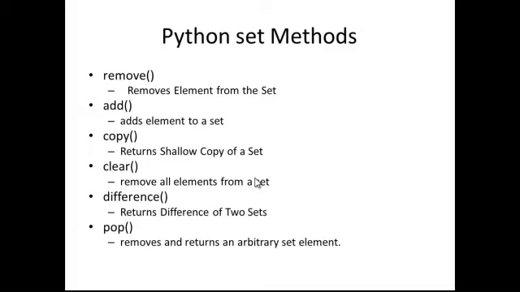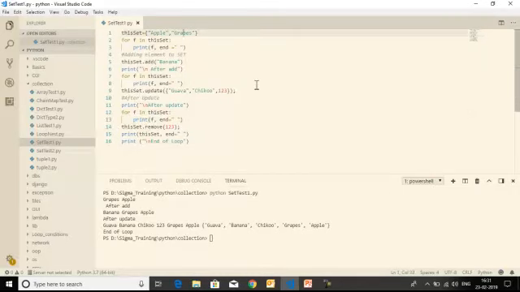Let us go with an example of it. Now here in this program, we define a set with a collection of values under curly brackets. We display the elements by using the for loop, then add elements to the set.